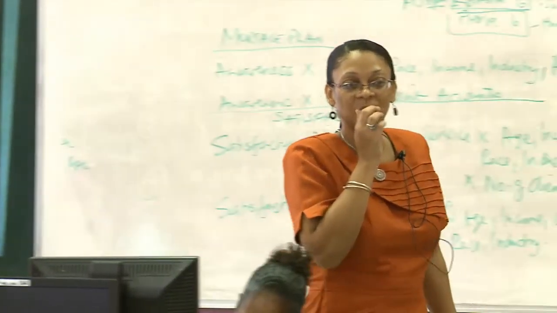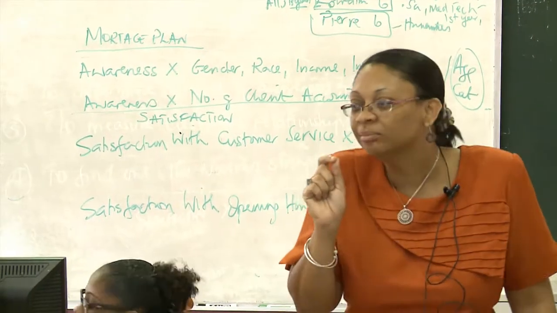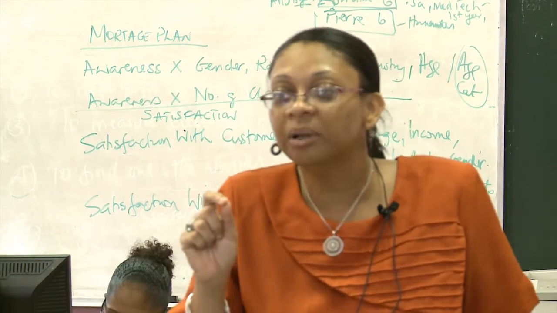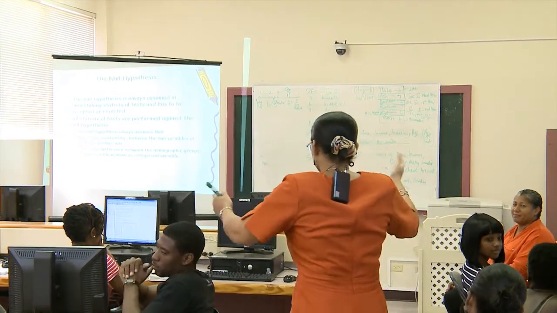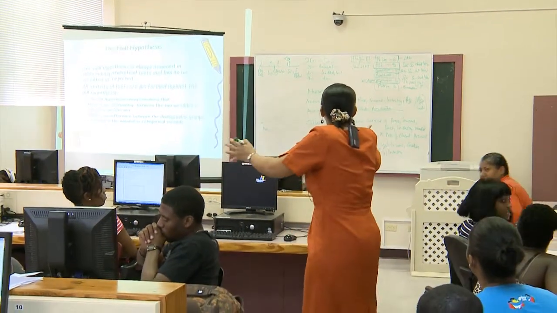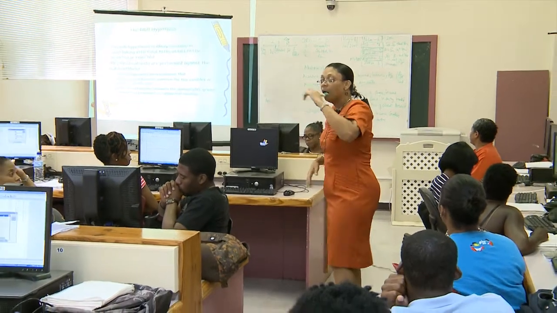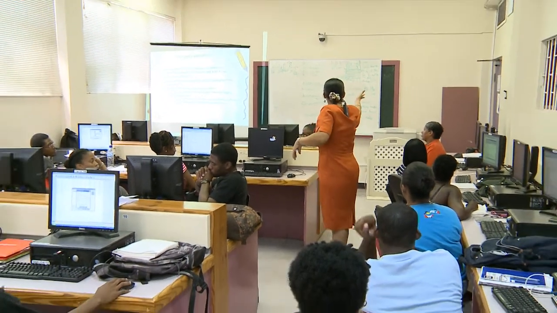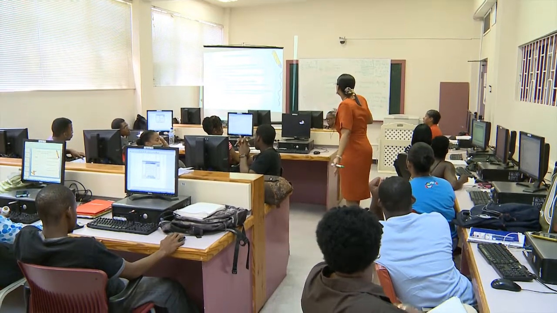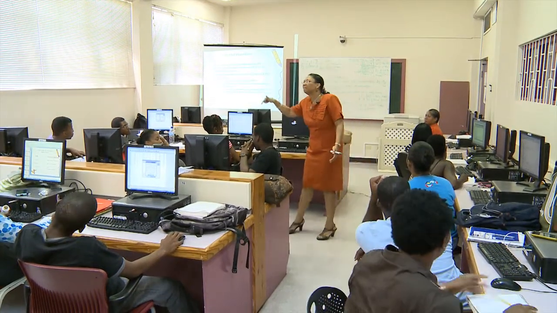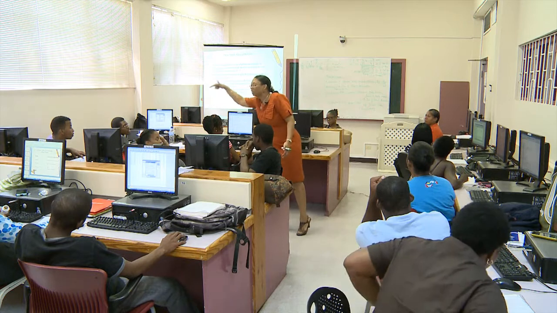Now, this is where it gets technical. And I have no problem repeating myself at least 3 times. Anytime you are looking for a relationship between 2 variables, awareness and gender, awareness and race, satisfaction and income, satisfaction with opening hours and industry, you have to run the test against a hypothesis.